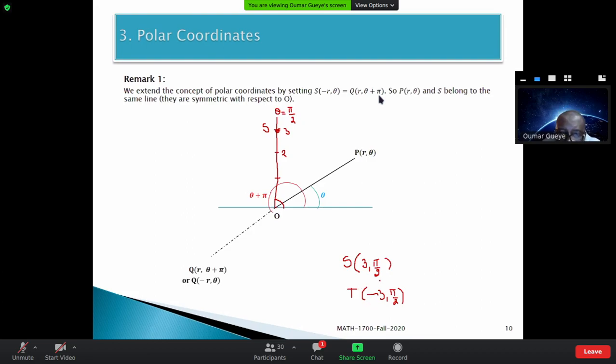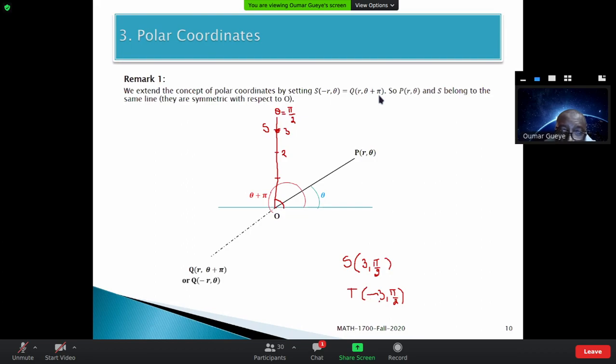Now, if I want to locate the point T, with -3 and pi over 2, you can see it is similar to this point, except we have a negative sign. It means you start, as I told you, by finding what pi over 2 is first. Pi over 2 is the same as what we have here. Knowing the value of pi over 2, you check r. If r is positive, you stay in this quadrant. Now r is not positive, it's negative.